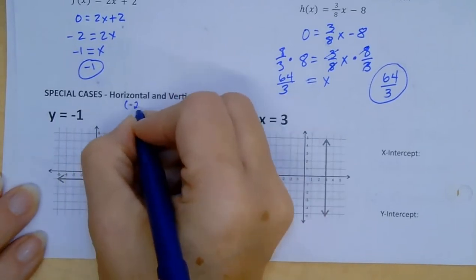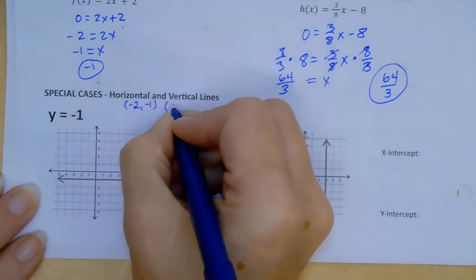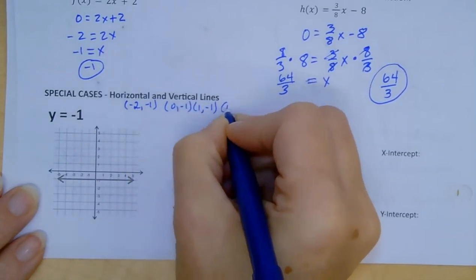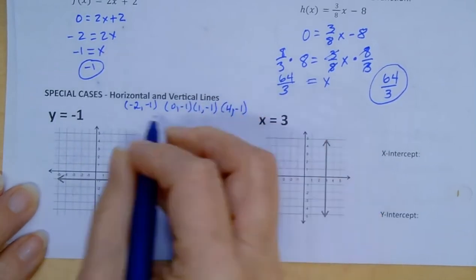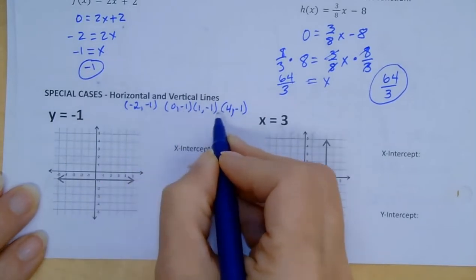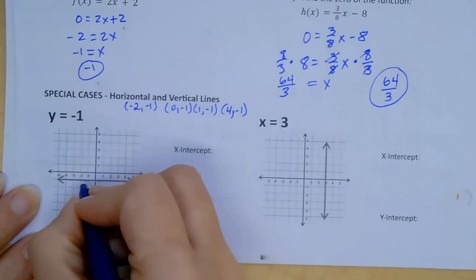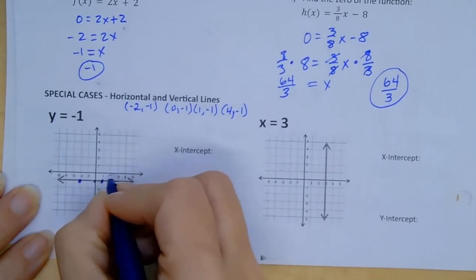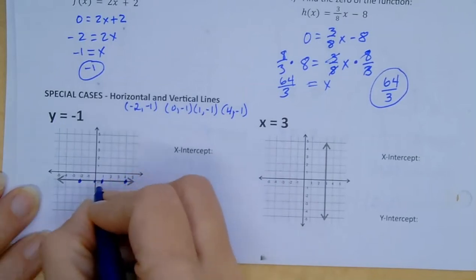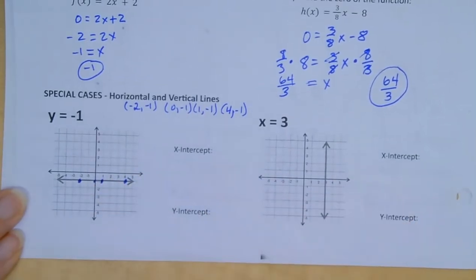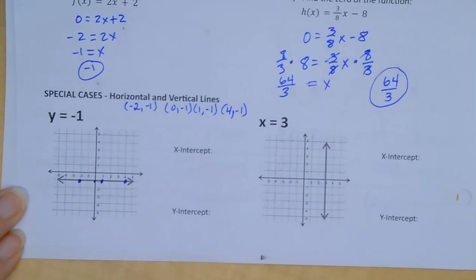So I could have -2, -1, 0, -1, 1, -1, 4, -1. If I plot all of these ordered pairs where it doesn't matter what x is, but the y is always -1, you can see they're all making little dots on that horizontal line. If you see y equals -1, you know you have a horizontal line.